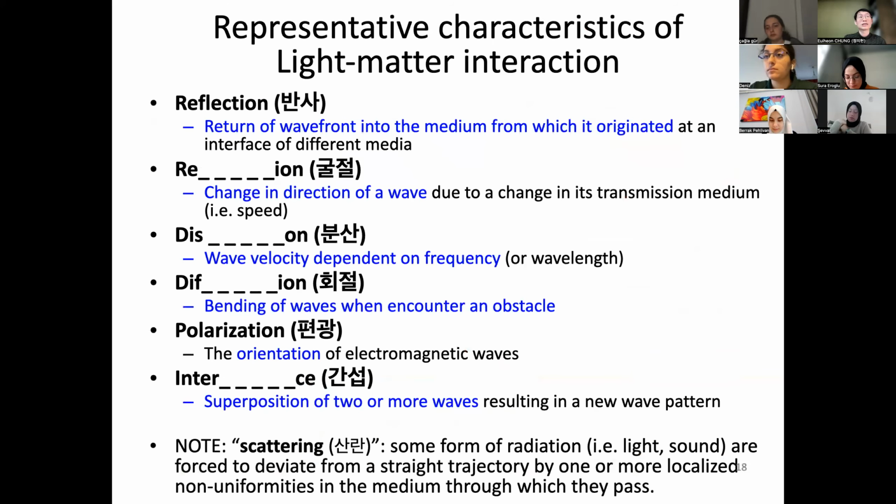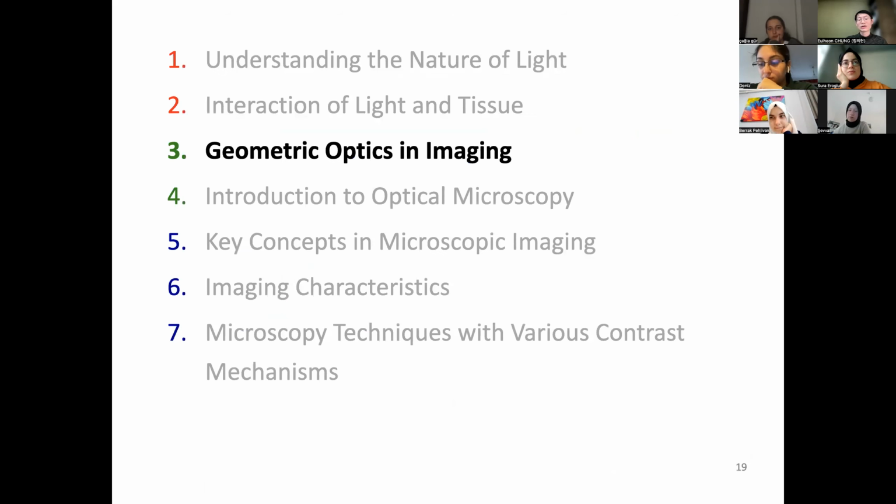So that's the basics of microscopy, and I'm going to just summarize here: reflection and refraction, dispersion, diffraction, which is most important in light microscopy, especially for resolution, and polarization and interference. Hopefully, that gives you a general overview first. And I'm going to skip the light with the tissue because that's probably another topic.